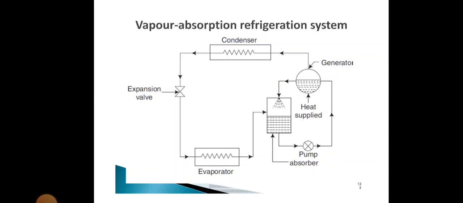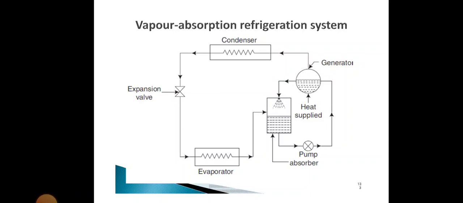The latent heat of the ammonia vapor is rejected to the cooling water circulating through the condenser, and the ammonia vapor is condensed to liquid ammonia. The high pressure liquid ammonia is throttled by an expansion valve or throttle valve. This reduces the high temperature of the liquid ammonia to a low value, and the liquid ammonia is partially evaporated.